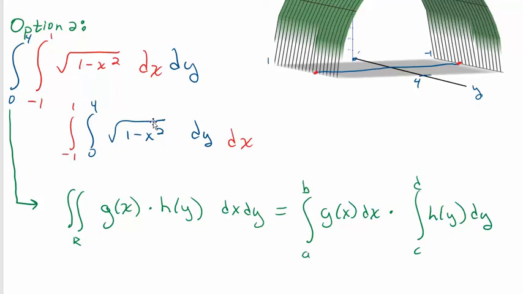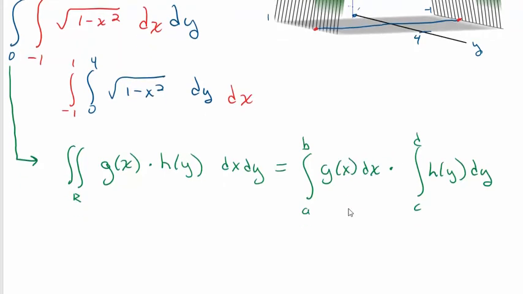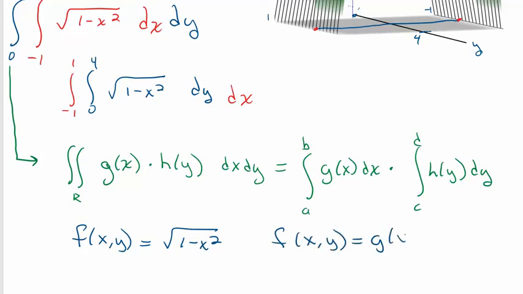So could you visualize doing that for this? Can I rewrite this as some function of x and some function of y? It's a little bit tricky. You're going to be like, oh, that was tricky if you don't see it. But if I think of this as a function of x and y, I could rewrite this as g of x times h of y, where g of x is the square root of 1 minus x squared, and h of y is 1.